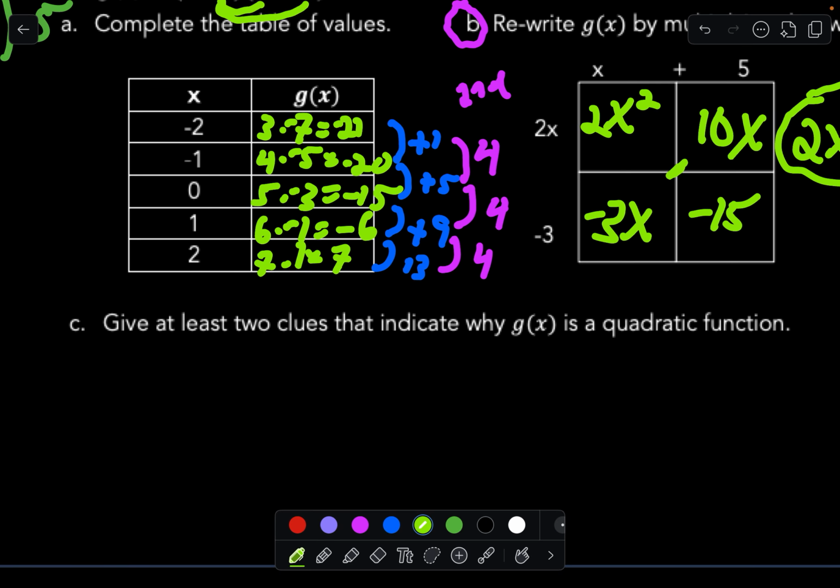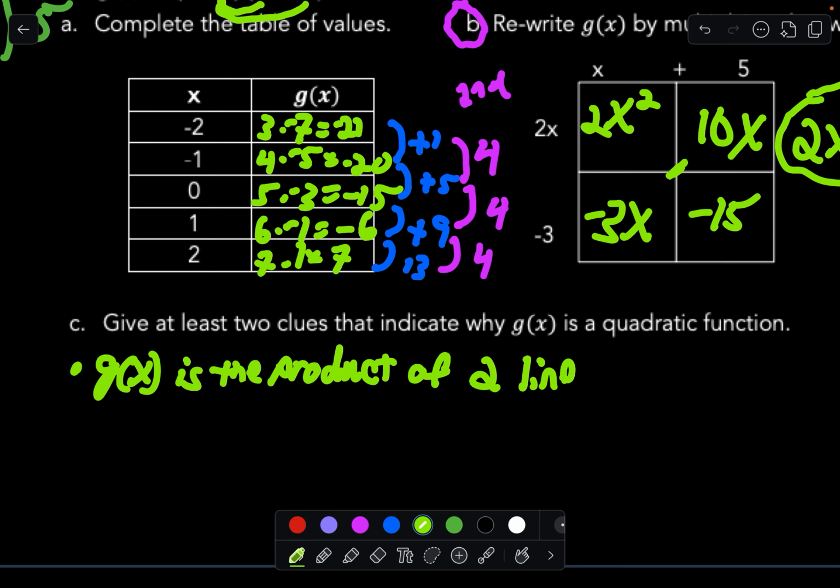Give at least 2 clues as to why g of x is a quadratic function. Well, one clue is that g of x is the product of 2 linear factors, and that is the definition of a quadratic.